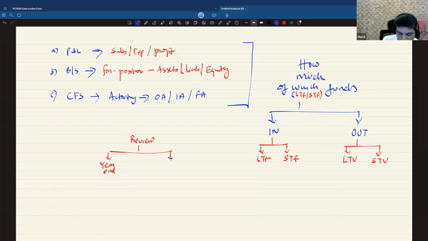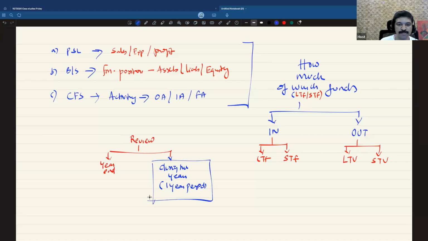You should also analyze what happened during the full one year period. How many of you are agreeing with this? Agreed? Yes or no? Yes. So the balance sheet is not going to communicate that.